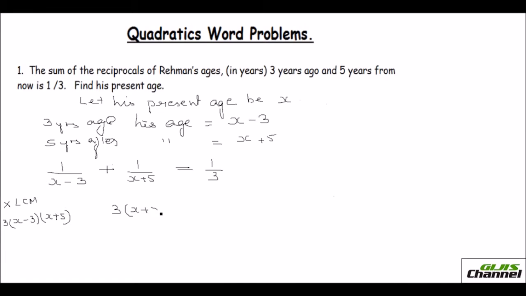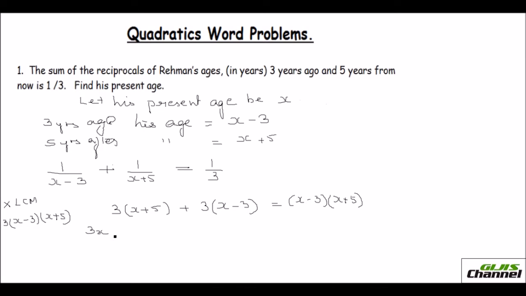The second term, my x plus 5 would get cancelled, and I'll be left with 3 times x minus 3. On my right, the 3 will get cancelled and I'll be left with x minus 3 times x plus 5. Let me expand this.